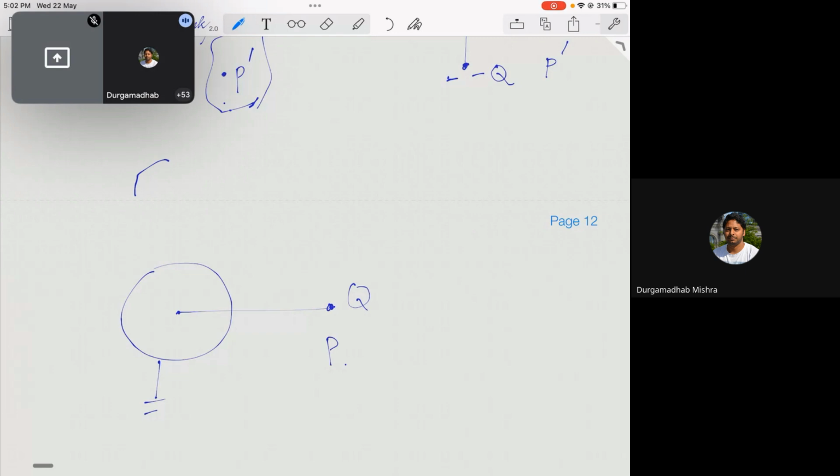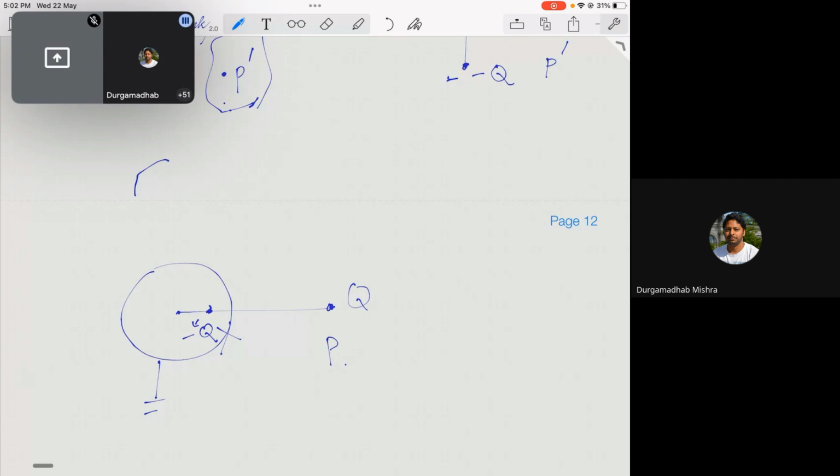I can create an image charge somewhere within the sphere, of course, but where, and what should the charge be? It may not be exactly minus Q. In this case it is not minus Q; it will have a different value.